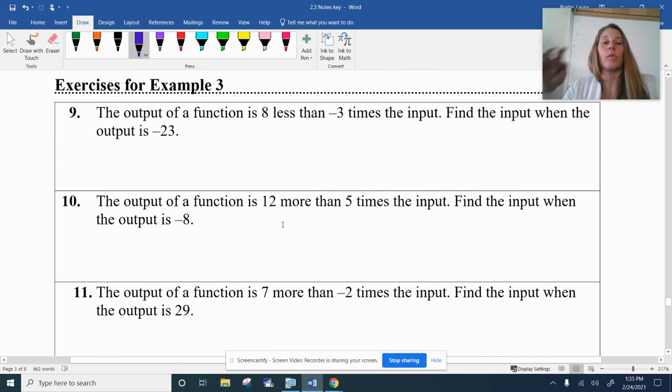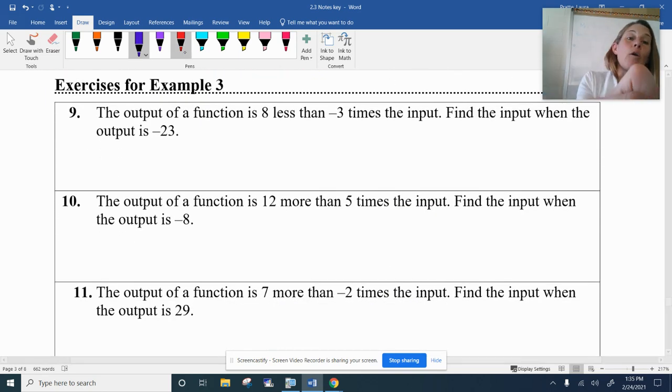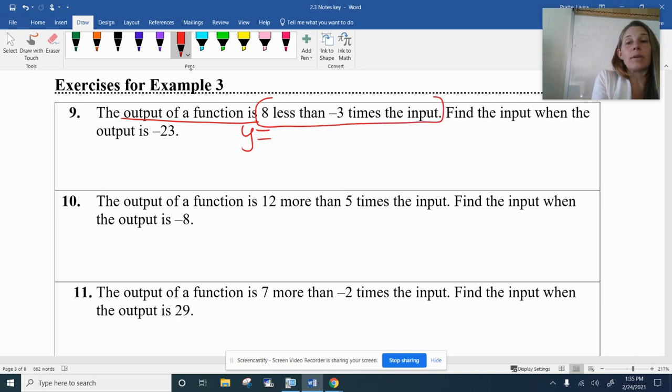All right, so let's try a couple more of these. So the output of a function is, so that's my y equals 8 less than 3 times the input. So remember, 8 less than, that means we're subtracting 8 from something. What are we subtracting it from? Negative 3 times the input, so negative 3 times x.